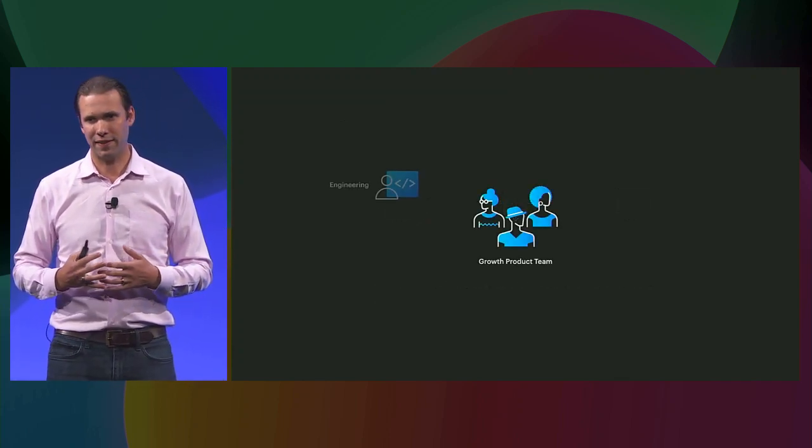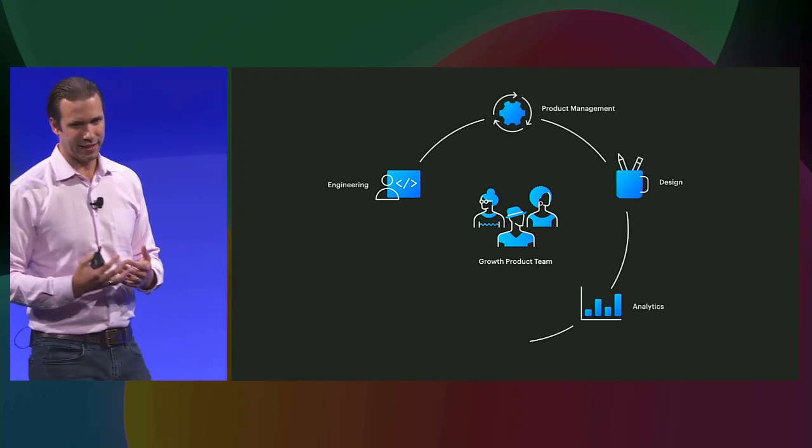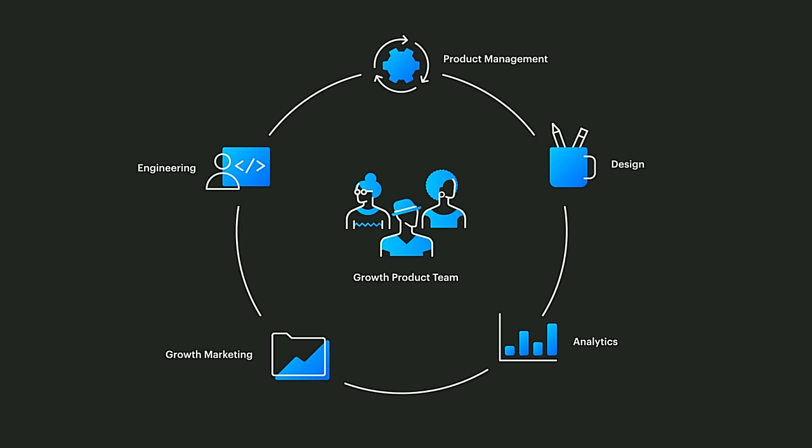We think about this idea of a growth product team at Facebook. It basically is a group of people with all the disciplines you need to actually affect and change the product: PM, design, analytics, and engineering, coupled with your growth marketing person or growth person who is part of that team.